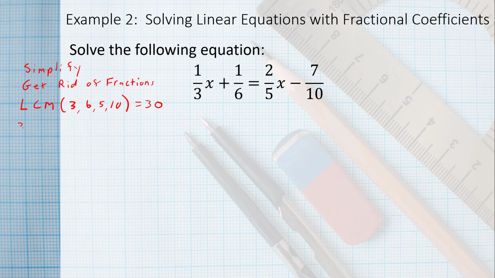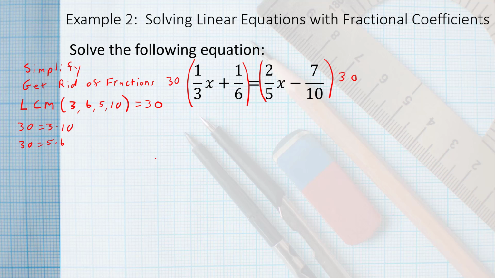Why? Well, 30 is equal to 3 times 10. So 3 and 10 are factors, and 30 is equal to 5 times 6. So 5 and 6 are factors. So we want to multiply this side of the equation by 30, and then to maintain the equality, we want to multiply this side of the equation by 30.